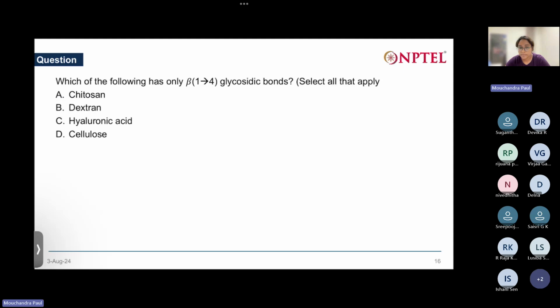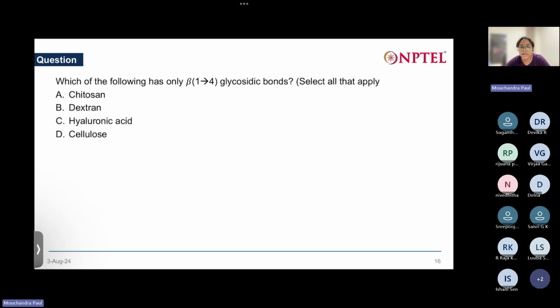And this is the next question I have. Which of the following has only beta 1,4 glycosidic bonds? There are multiple options that can be correct. Yes, go ahead. All of these are polysaccharides.